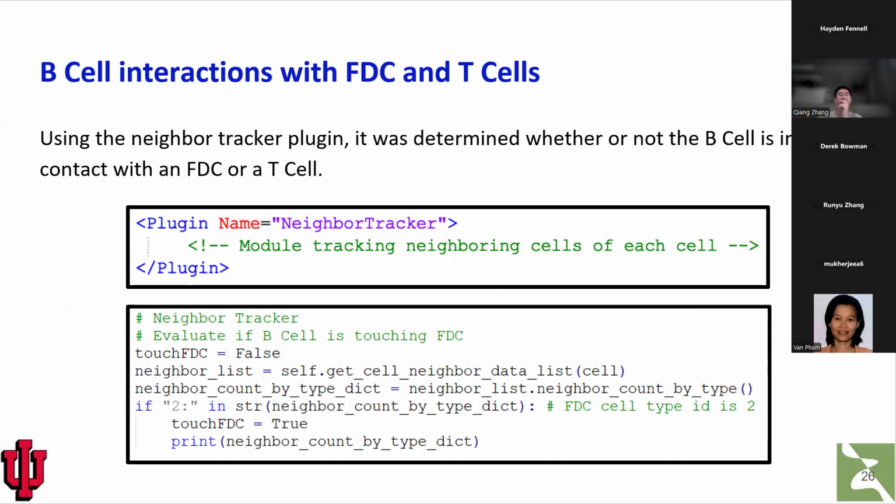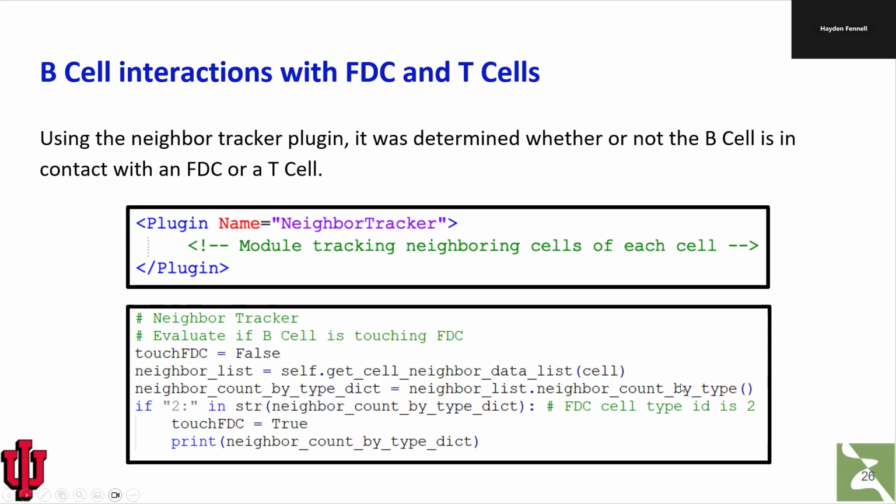In the XML file, we define this plugin, and then in the Python main script, you first get the cell neighbors and put them into a list, and then go through the neighbors by type.